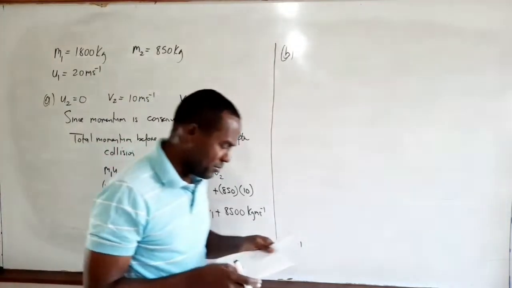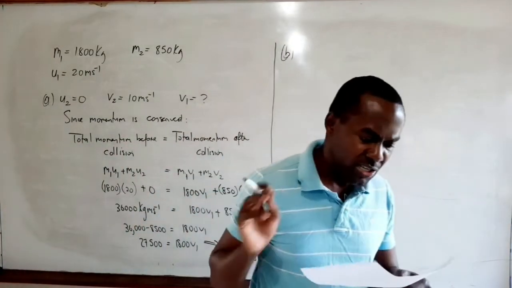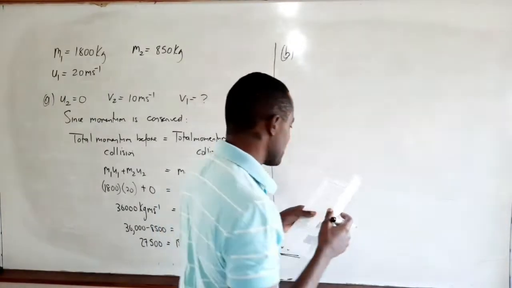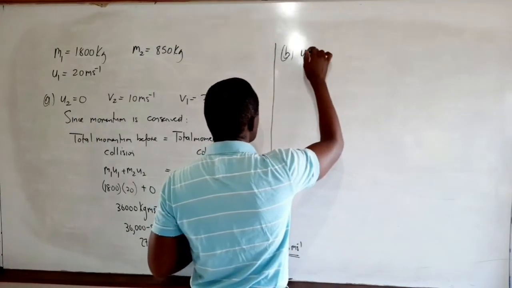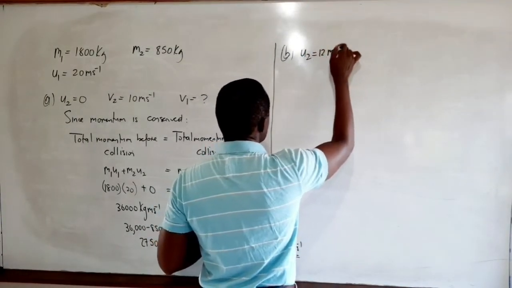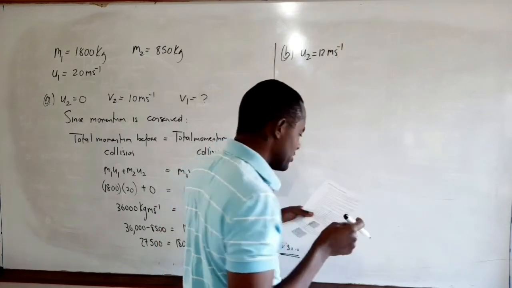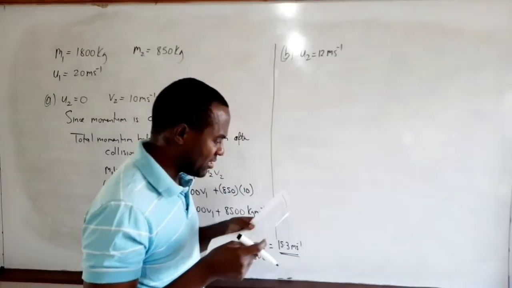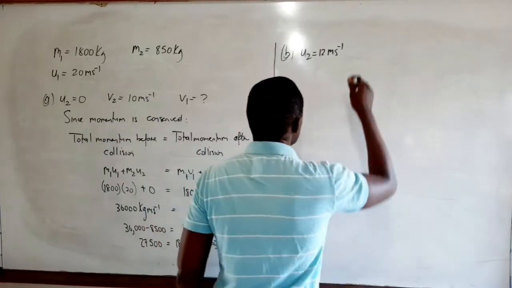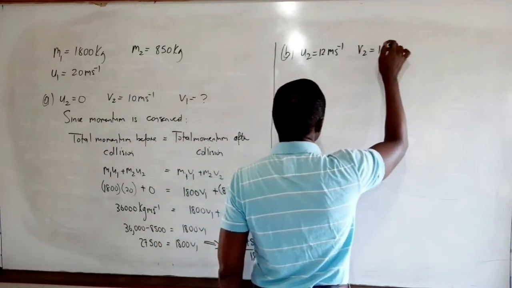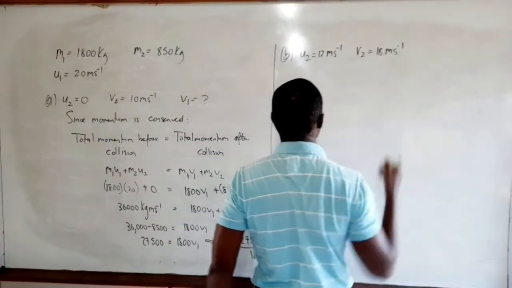Now we're told that the smart car's initial velocity is 12, so u2 is equal to 12 meters per second, and after the collision its velocity is 18 meters per second, so v2 is equal to 18 meters per second.